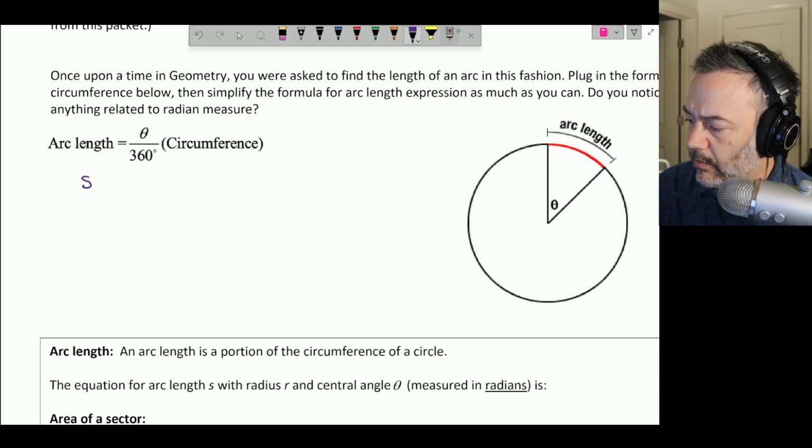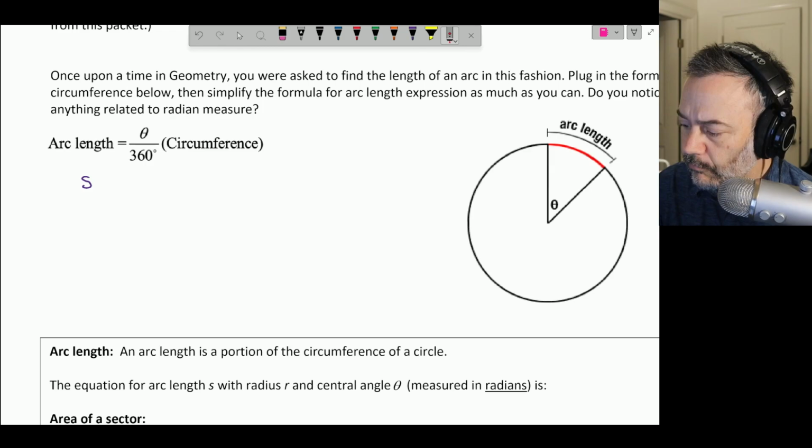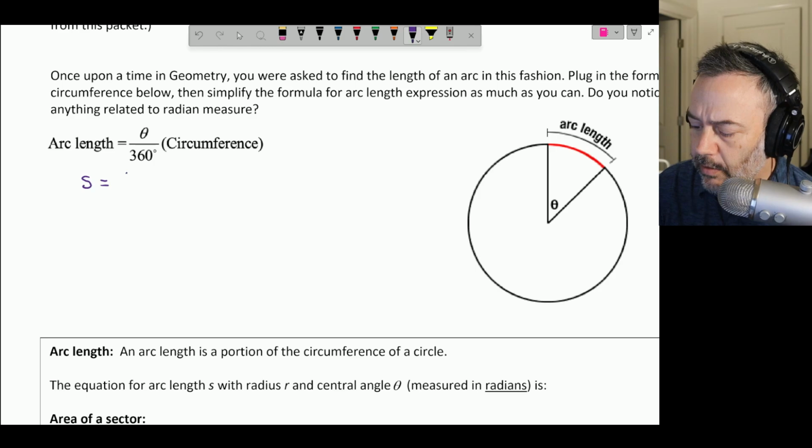So arc length is shown over here. It's the red arc. And arc length is equal to theta over 360 times the circumference. And if the radius is r, the circumference, of course, is 2 pi r.